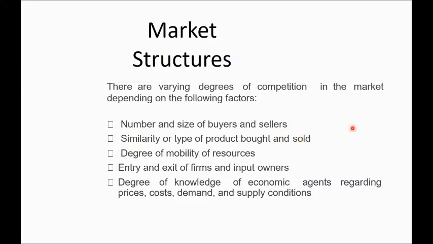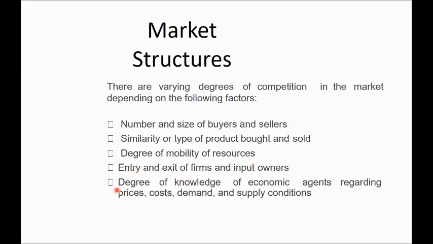Is it a homogeneous product or a heterogeneous product? Homo means similar, while heterogeneous means differentiated product. Another factor is the degree of mobility of resources, and the entry and exit of firms and input owners.